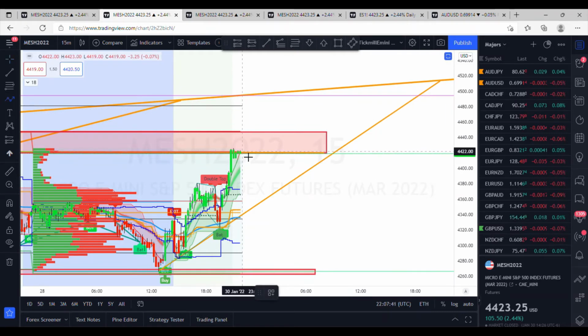So if we go from here to here to here, if we get that, I'll buy it.